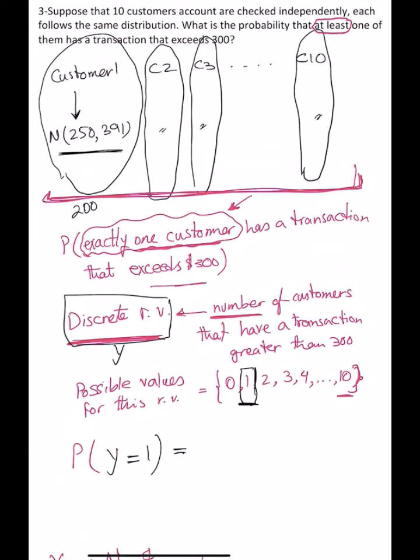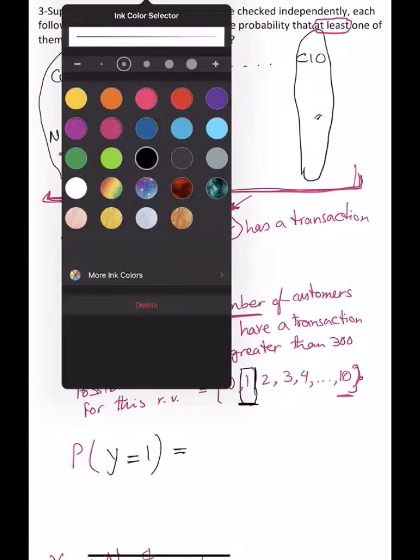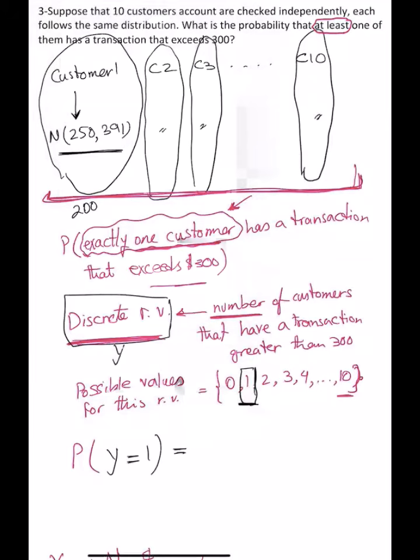Remember, for the binomial, first we wanted an experiment that we can repeat. What is the experiment, quote unquote, here? The experiment basically is whatever has happened with the person, looking at their transaction. That's basically the experiment in the binomial distribution definition.